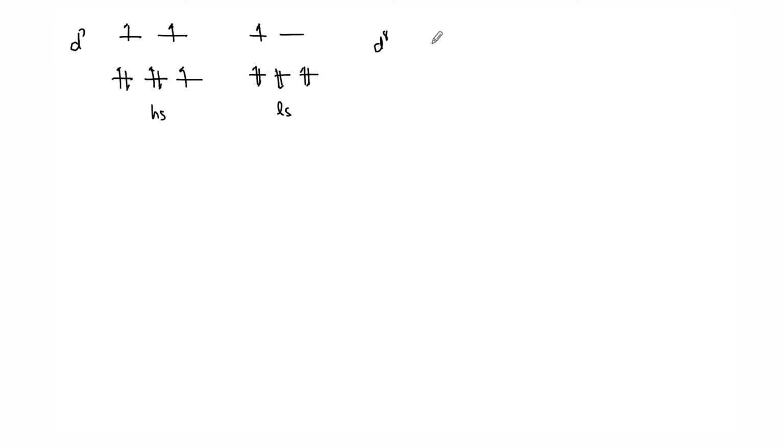Now D8. So D8, only one possibility is there and no degeneracy. D9 also will have one possible, no low spin, high spin. And D10 will have all filled, right?